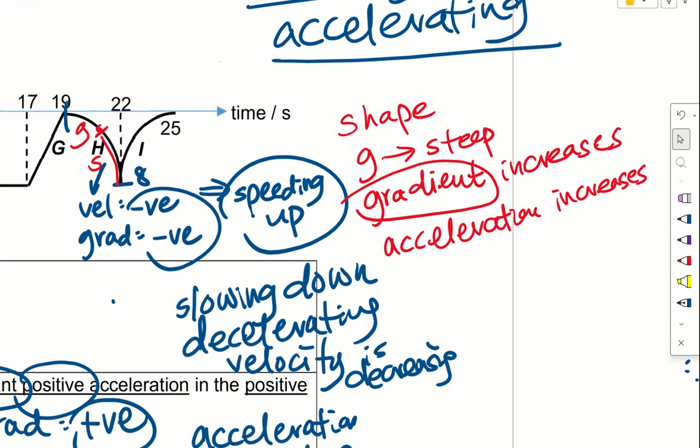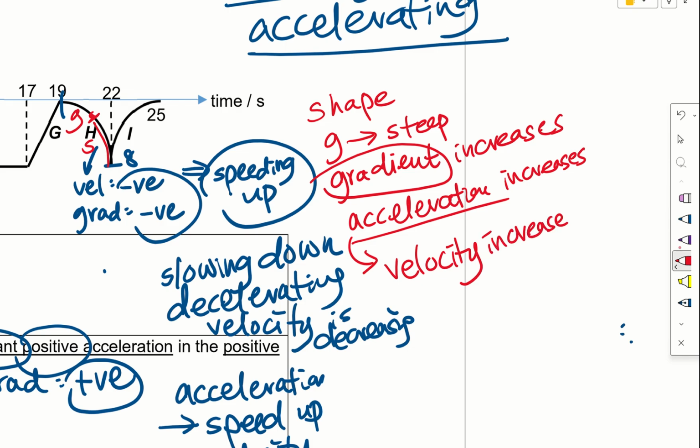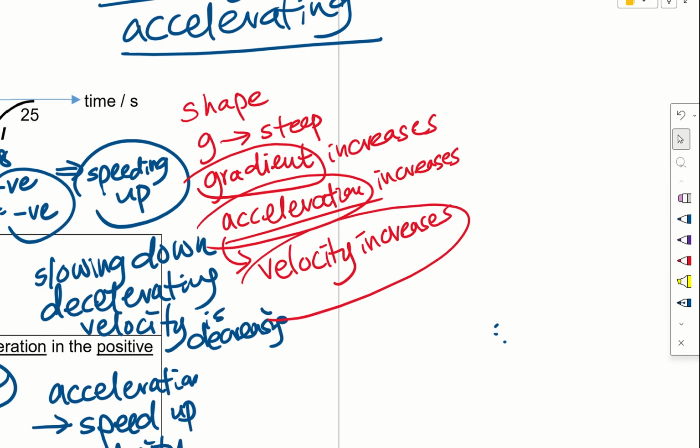Now how does this translate to the velocity? Whenever we say there is acceleration, we know that the velocity increases. But now the acceleration is increasing, so how do we account for that?